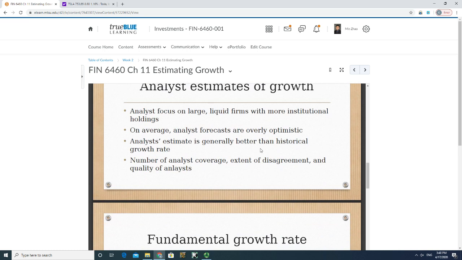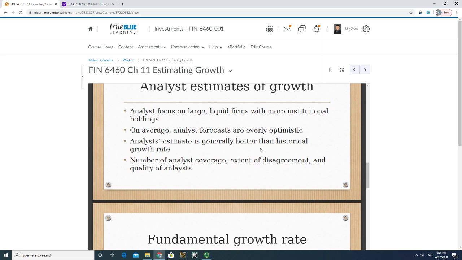Typically, as a mature investor, you don't stick with one method. As I said in this class, it's all about triangulation. The more tools and methods you have, the more reasonable the estimation you might get. So here we have two reasonable tools. None of them are perfect, but they are reasonable. First one is to look at what happened in the past.